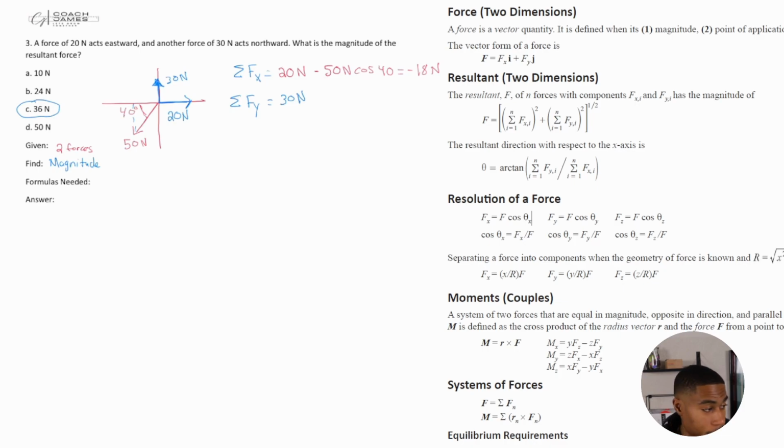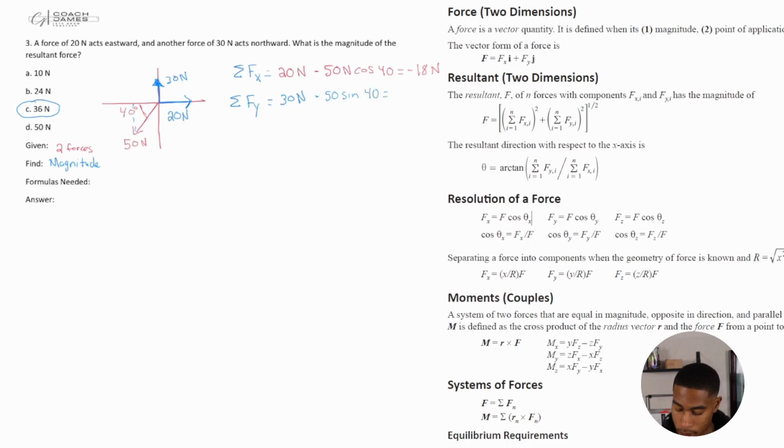My x is going to the left, which is negative, and my y is coming down, which is another negative, so minus 50, and in this case it's going to be sine of 40.